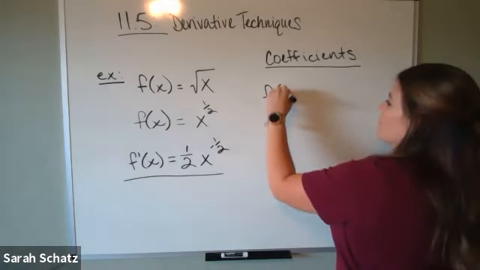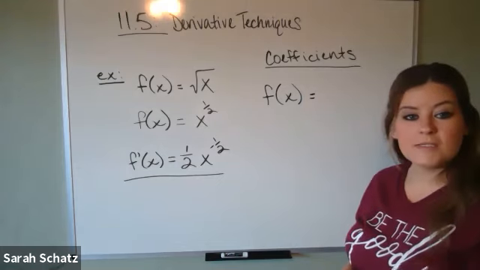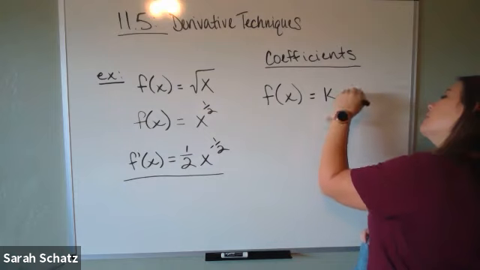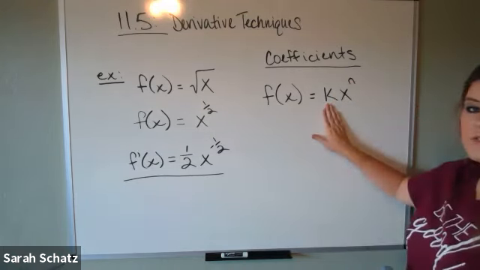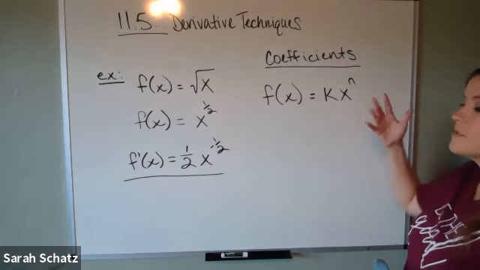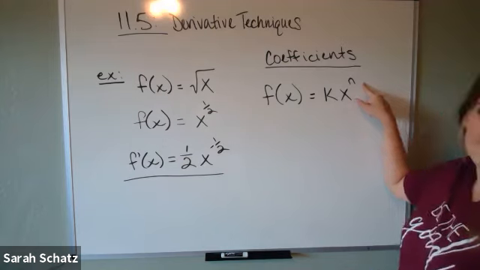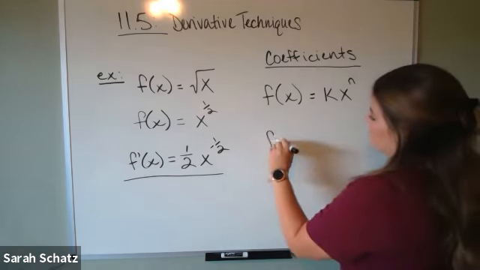So if your function f of x, we're going to use that k again just because it stands for any regular old number. So I notice this is a coefficient times x raised to a power. So for example, it could be 3x squared or 7x to the 5th or something like that. And I want to take the derivative.